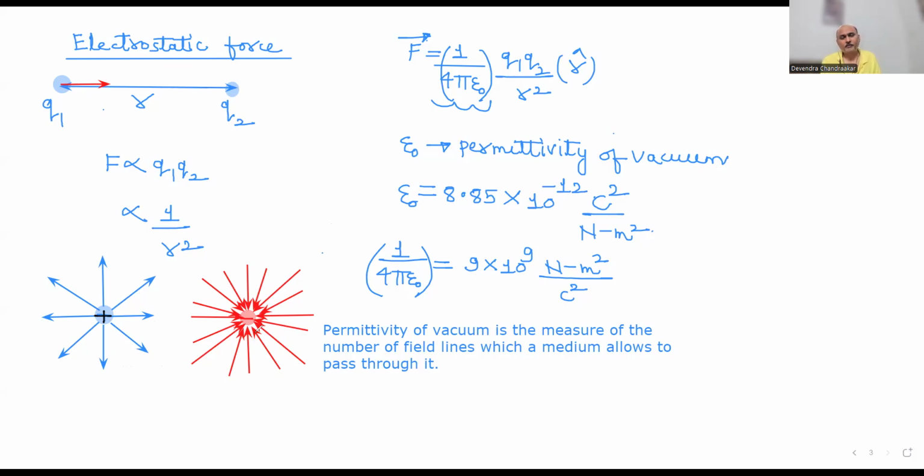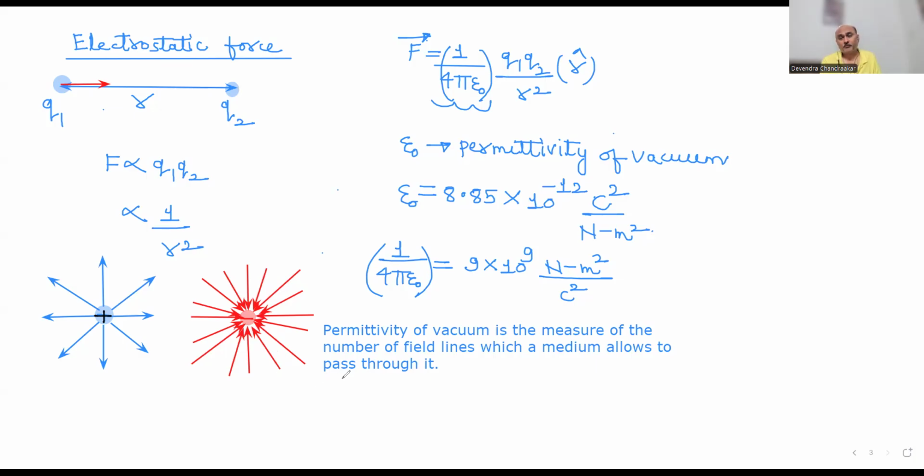Why? Because the number of field lines of the negative charge near the surface is more than for the positive charge. Yes or no? I hope all of you understood this.